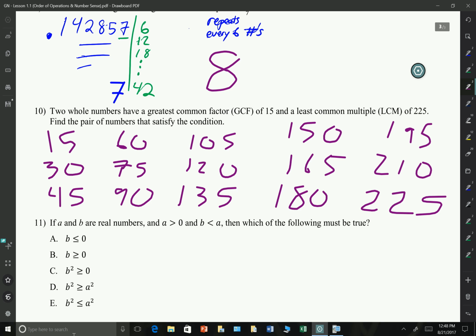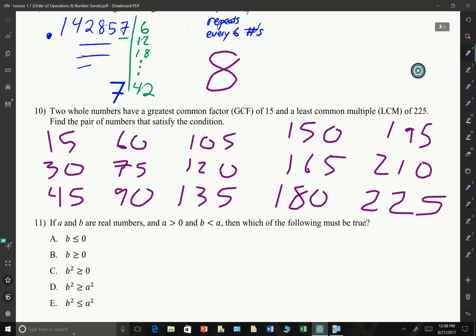Now, look at the next part. It has a least common multiple of 225. Now, what that means is the two numbers, if you keep listing out their multiples, guess what number they hit? 225. So same thing we did first. 210. If I list out the multiples of 210, is 225 one of those multiples?